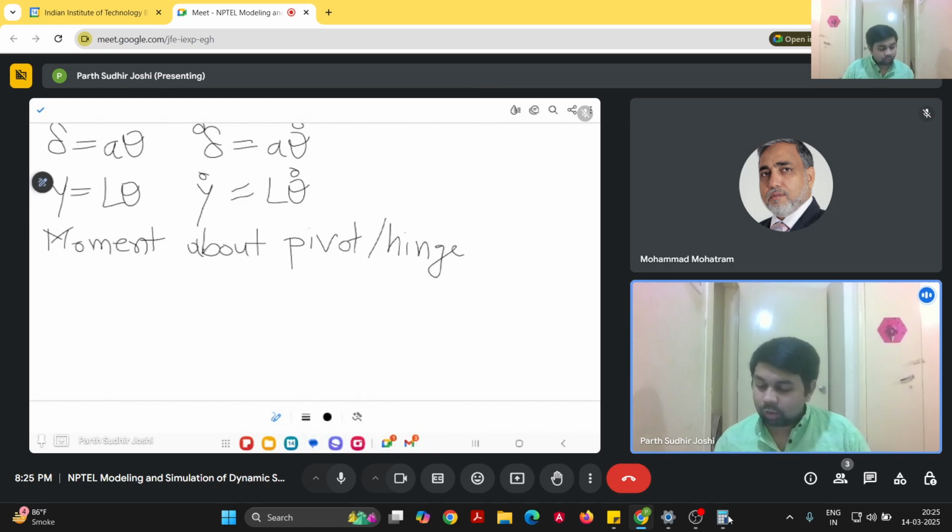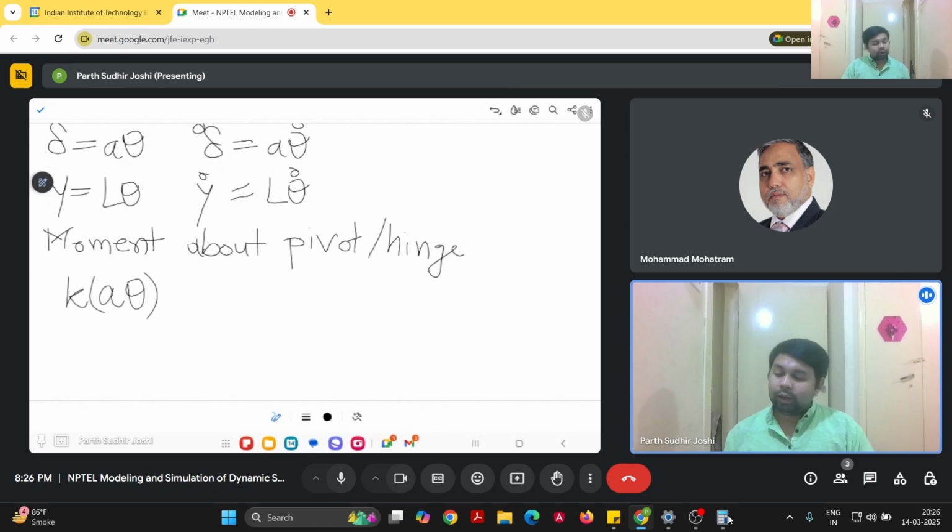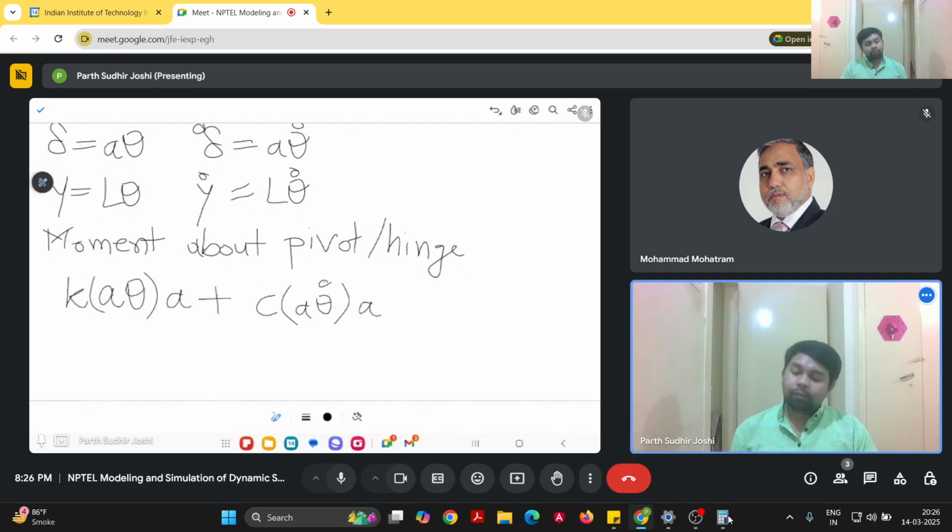So the moment about the hinge for the spring force is K into delta, which is A theta, into A, and similarly for the damper, C into A theta dot, into A. So these are the moments.